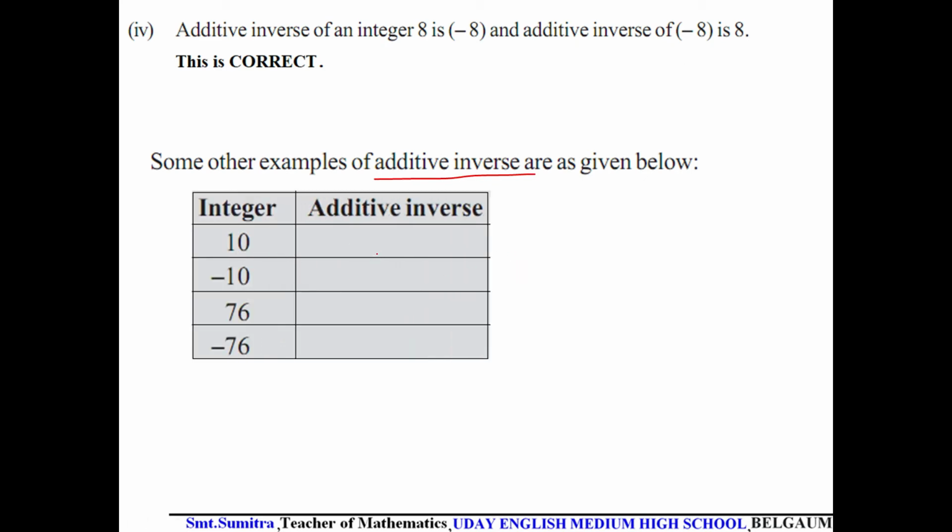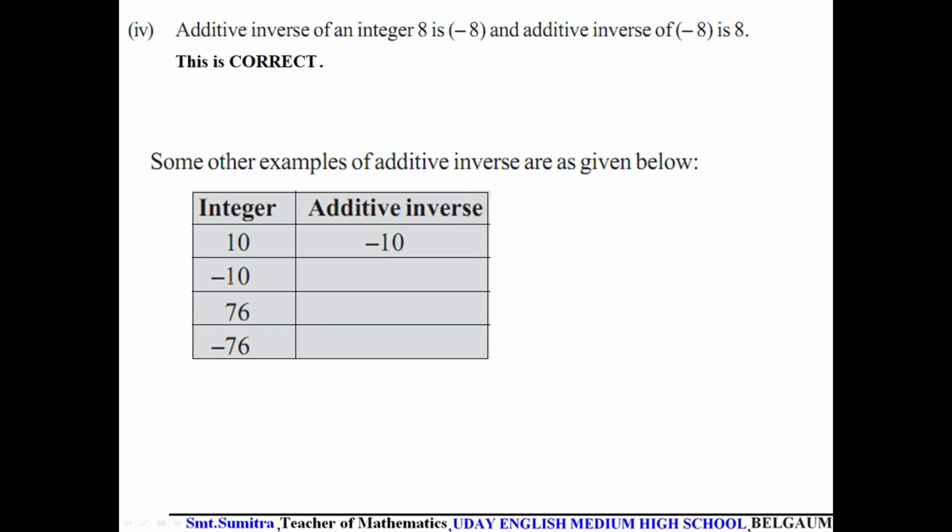Integer 10 is given. What is the additive inverse of 10? The additive inverse of 10 is -10. I repeat, it is -10.